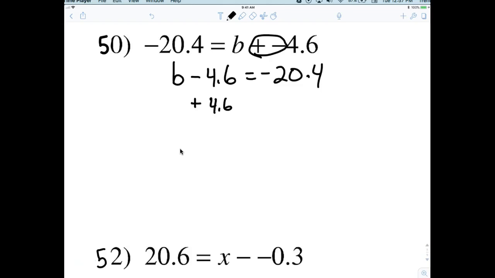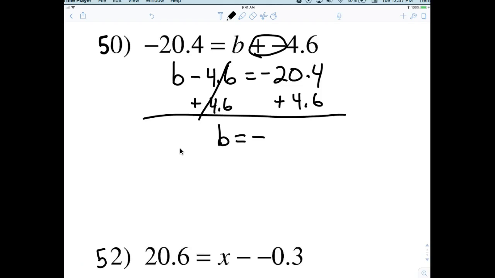Add 4.6, add 4.6. Those cross out. Now we have a negative and a positive. So what do we do? Add or subtract? Subtract. So B equals, now is it going to be positive or negative? Negative. Negative, right? So put down the negative so you don't leave it out.